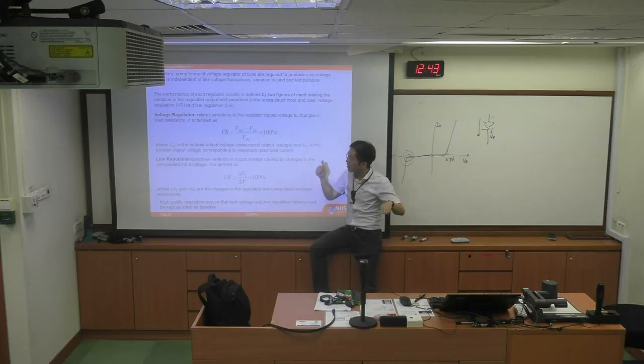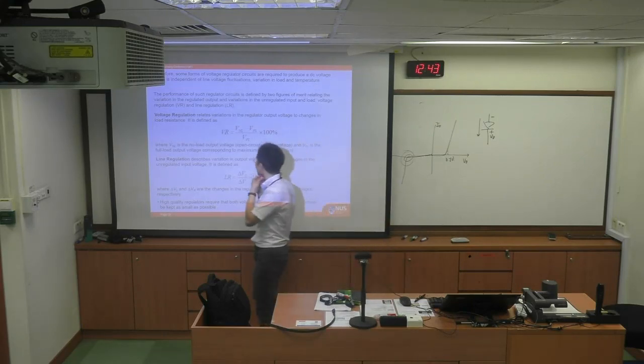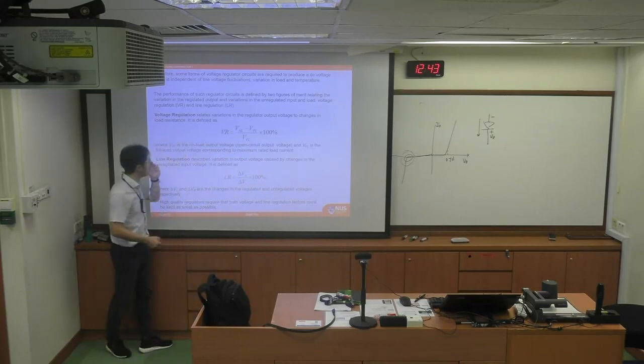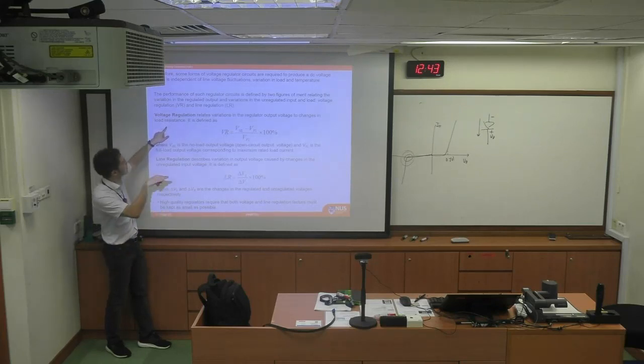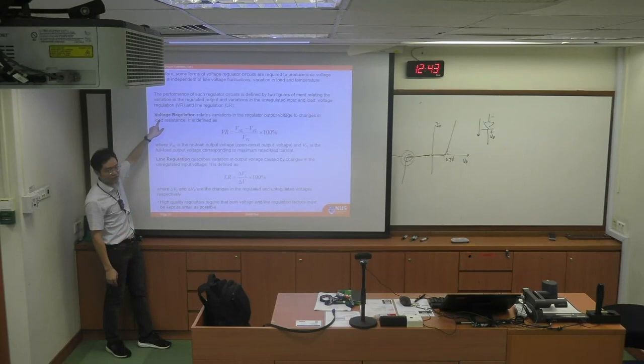And the second thing is your load resistance varies a lot, and you want to maintain the output voltage at a constant level. These are two things that have to be kept well. And under the load changing condition, load is changing from a high load resistance to a lower resistance, and you maintain the output level. That's called the voltage regulation.